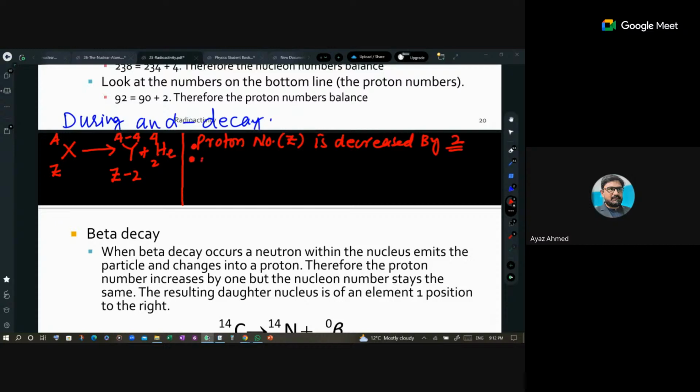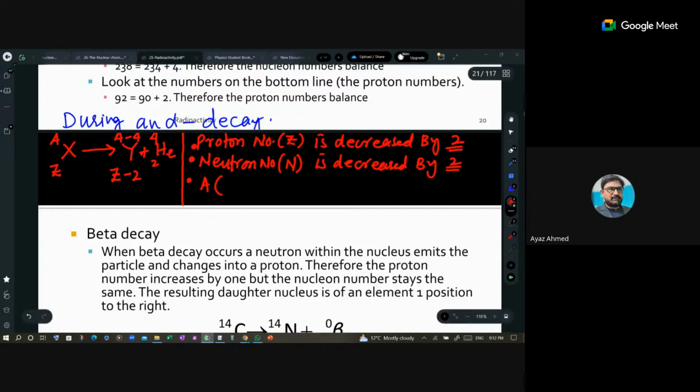The neutron number, which is N and is not mentioned in this Z and A, is decreased by 2. I mean, two protons are released, two neutrons are released, and third, A, which is its nucleon number. What is this A? Nucleon number. Please remember all this.